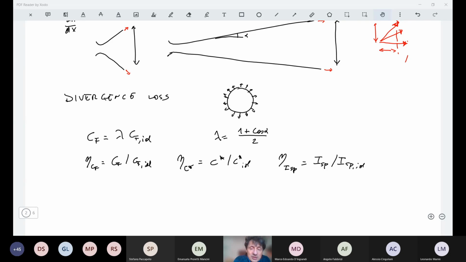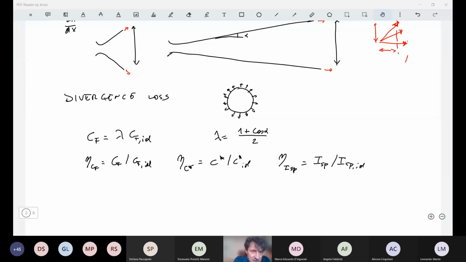Another reason is that this shape and length are evident in the nozzle design, and also in the nozzle images. So the control and the improvement of performance with respect to these divergence losses is quite important and characterizes our nozzles.